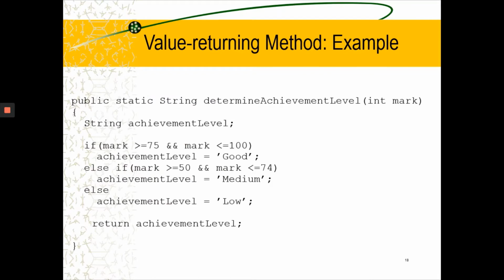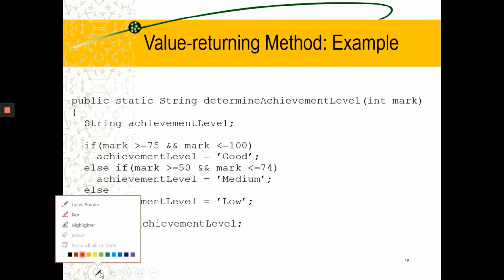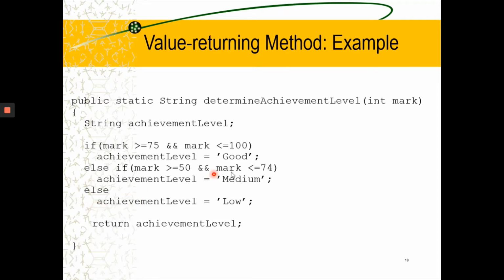In this example, we have method determine achievement level, which is a value returning method, and it is returning a string value. If you notice here in the header, we have string: public static string determine achievement level, and it is accepting one parameter, which is integer mark. What we do in this method is just to see what is the achievement level, whether it is good, medium, or low.